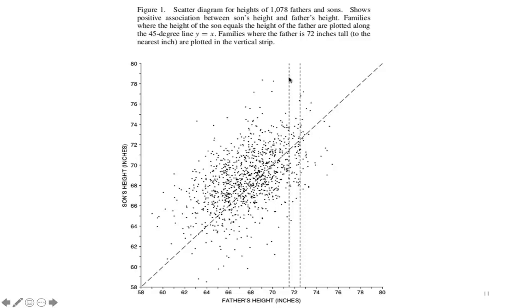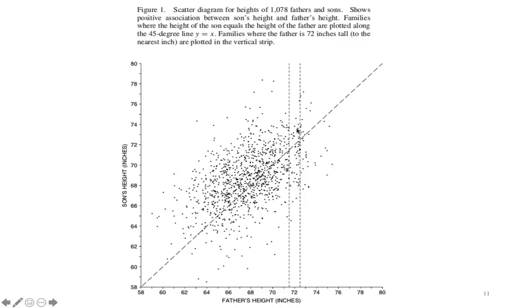Another thing to point out about this graph is this vertical strip here. If you look down this vertical strip, this is 72 inches, which means that all the points in this vertical strip represent all the father-son pairs where the father's height is approximately 72.